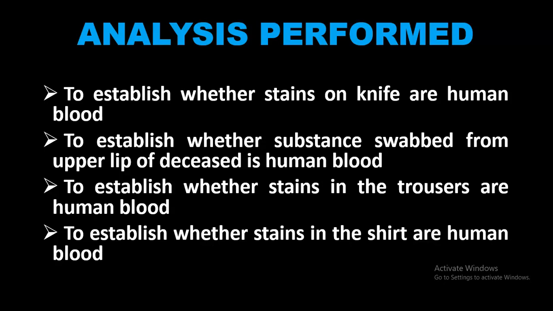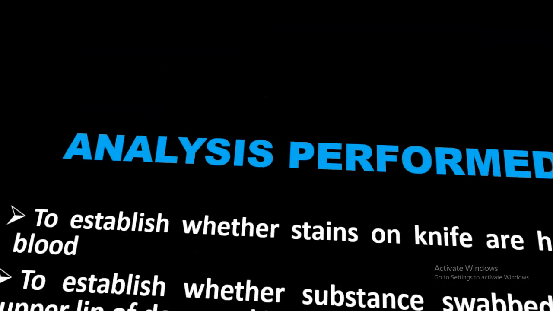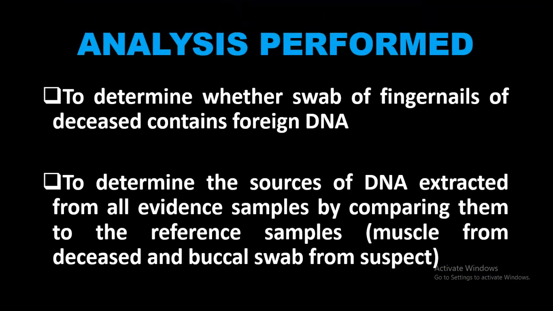Once again, analysis was performed to establish whether stains on the trousers are human blood. Also, to establish whether stains on the shirt are human blood. Also, to determine whether the swab beneath the fingernails of the deceased woman contains any foreign DNA, that's any DNA aside from the DNA of the woman.